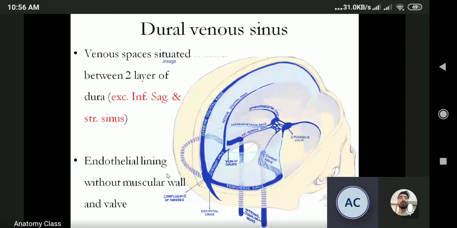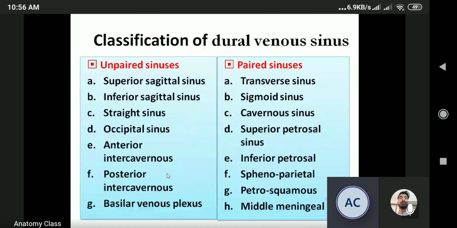Now the dural venous sinuses can be classified into paired and unpaired sinuses. Okay. So some of the cranial dural venous sinuses are unpaired while some of them are paired.